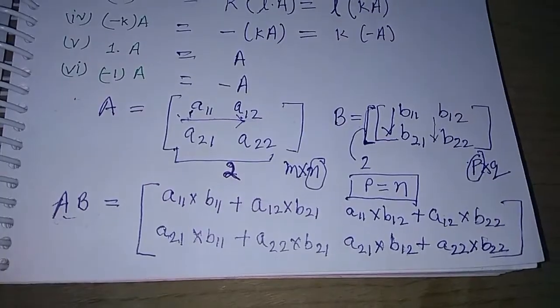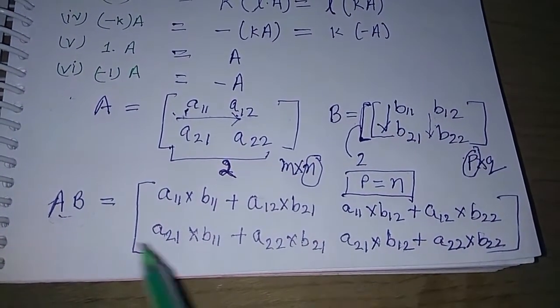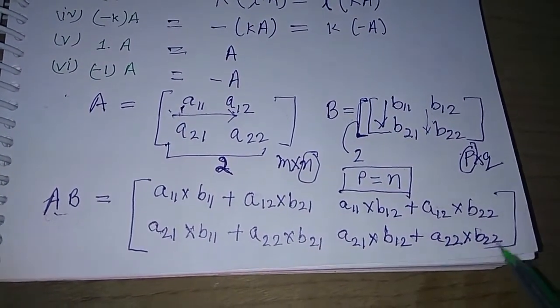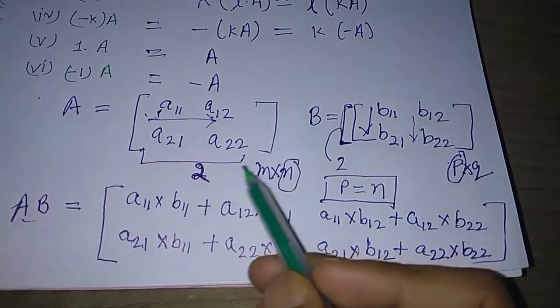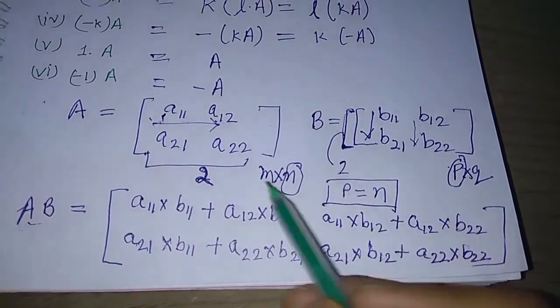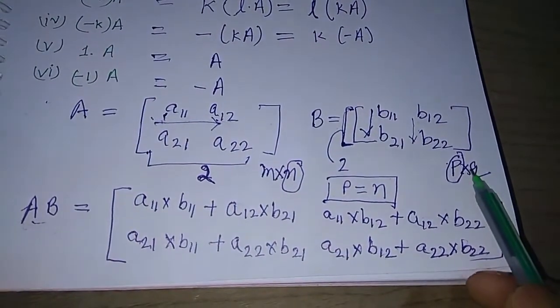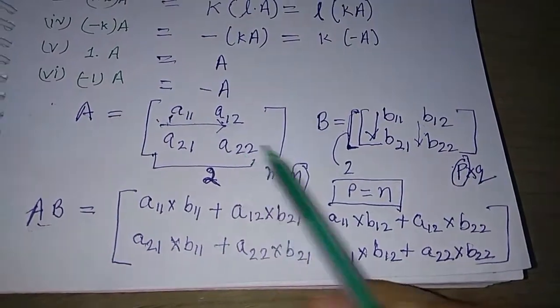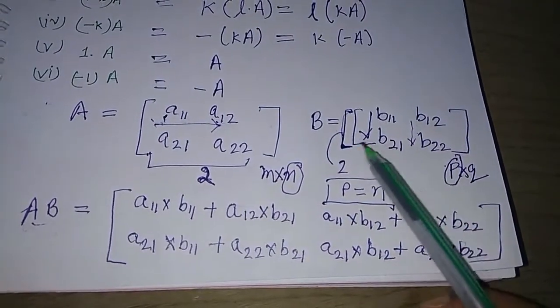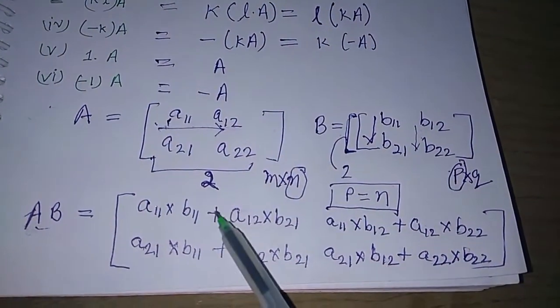You can see from this result that the order of the resultant matrix is 2 by 2, that is m by q. Here we have matrix A of order 2 by 2 and matrix B of order 2 by 2, and the resultant matrix came out 2 by 2.